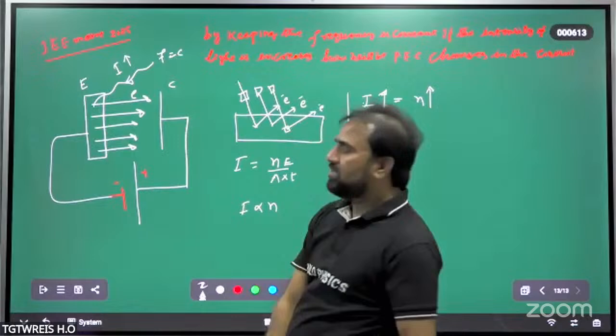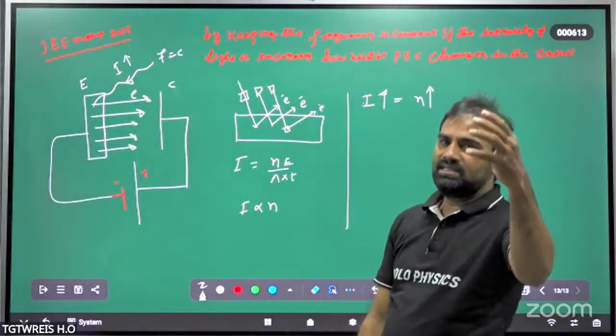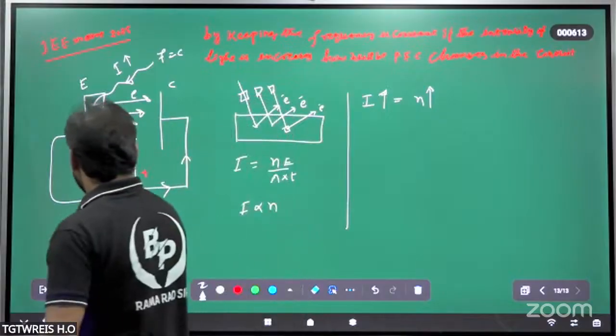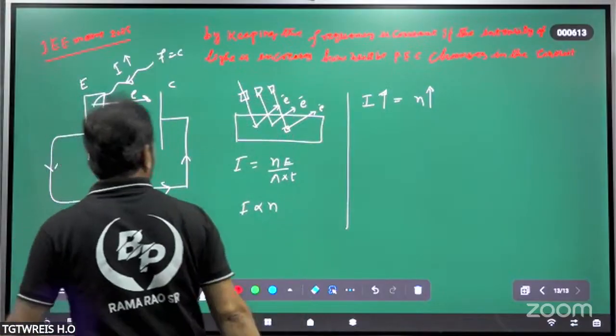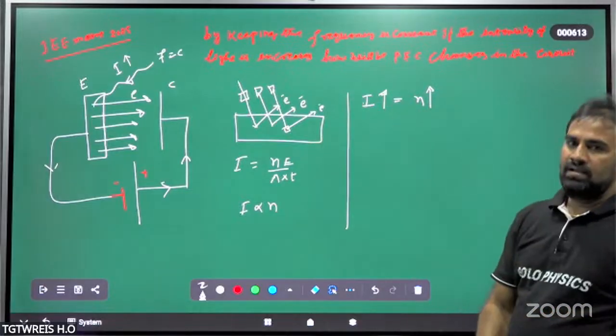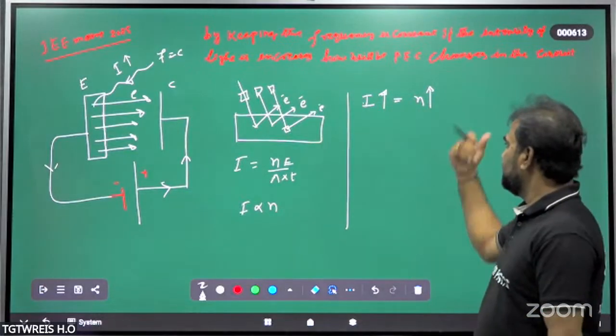When the emission of electrons from the emitter increases, the photoelectric current in the circuit increases. That means when the intensity of light is increased, the number of photons also increases.